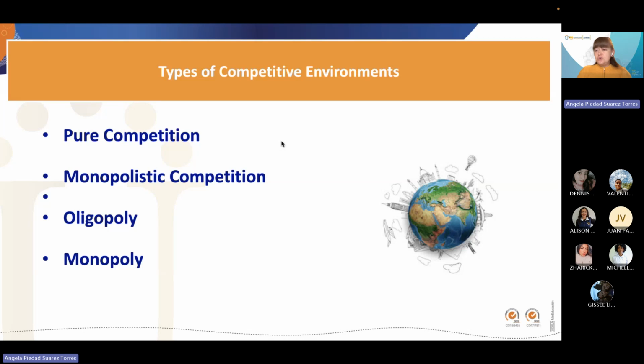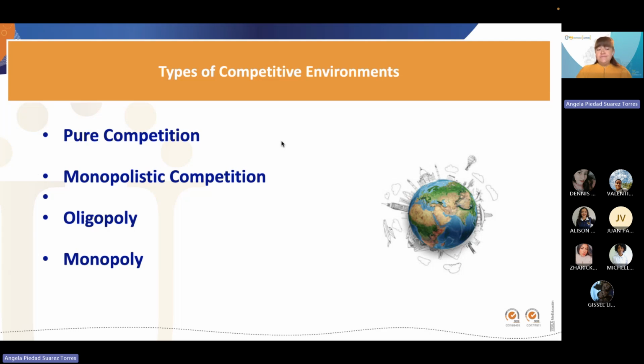Oligopoly refers to huge companies or conglomerates that are across the globe. So in this case, we should have a very innovative company model to be considered or analyze an environment of oligopoly to face this international environment of competitiveness.